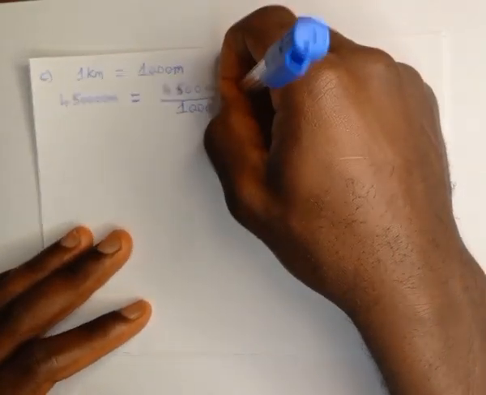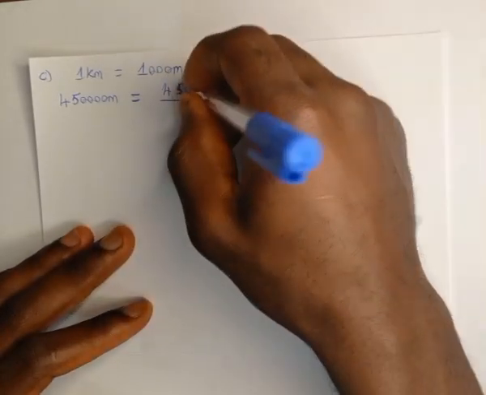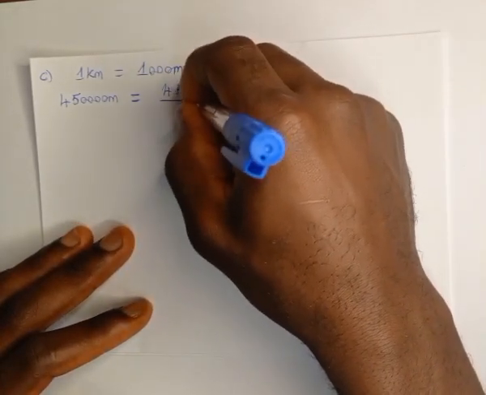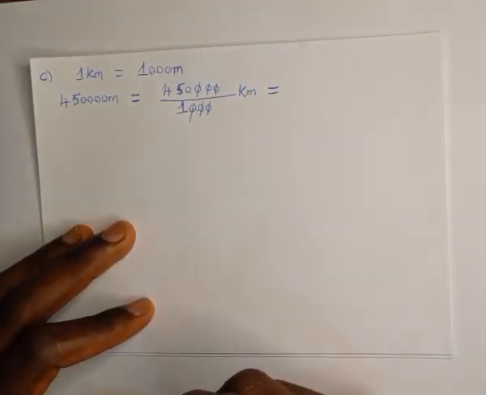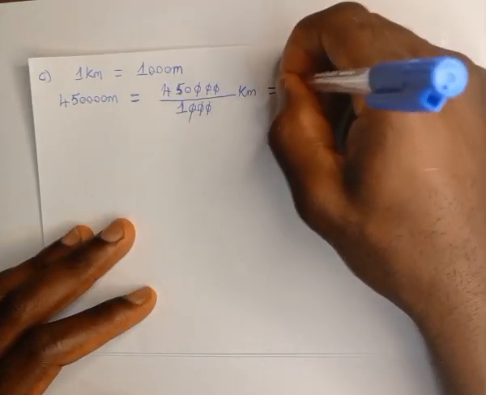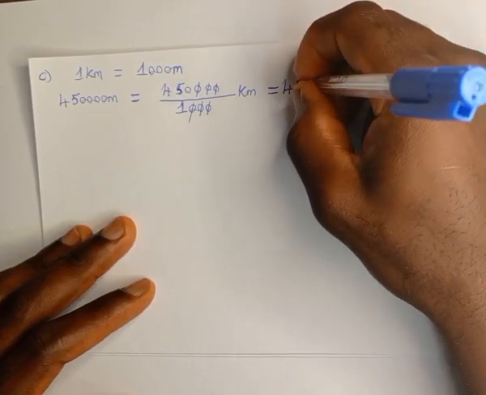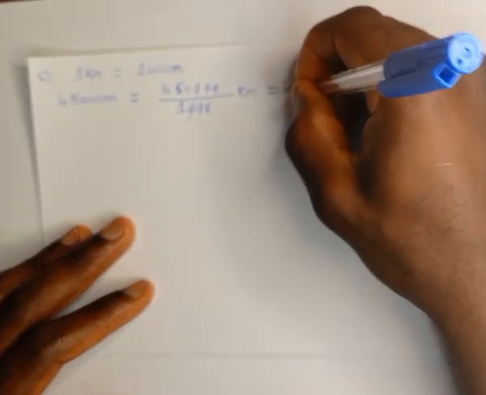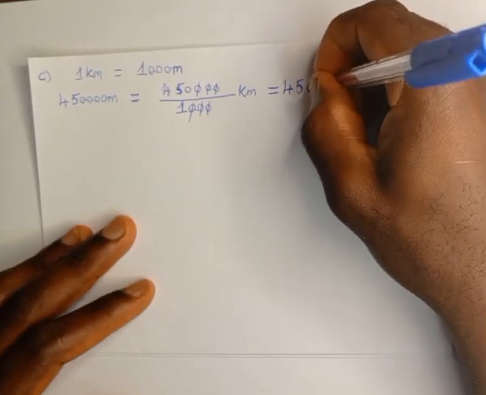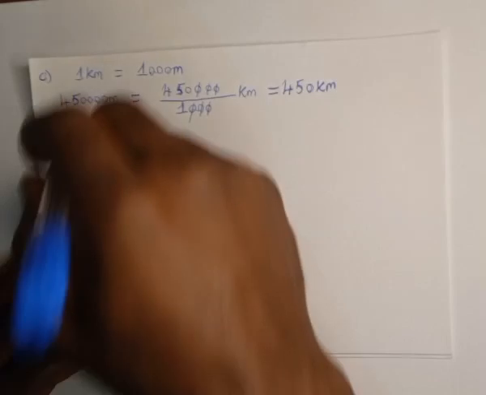Then the new unit will be kilometers. And this will simply be equal to, these 3 zeros will strike off 3 zeros, 450 kilometers, like this.